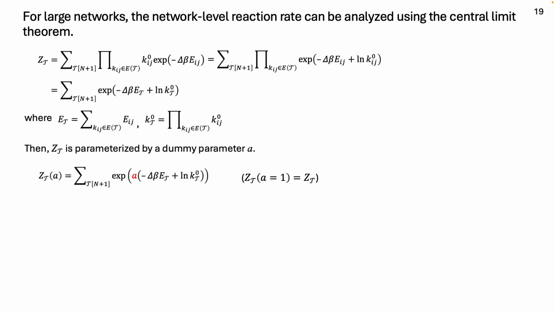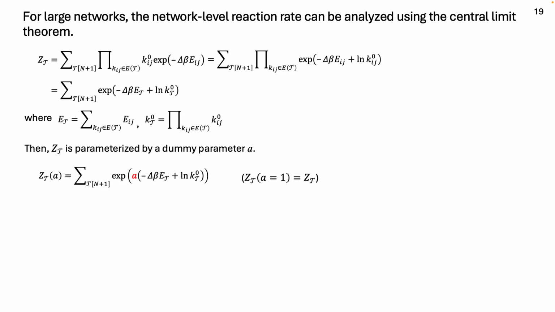And then ZT is parameterized by a dummy parameter A. A is a dummy parameter, so not a biological name. We just put it like here. And if A equals 1, ZT equals the original ZT.